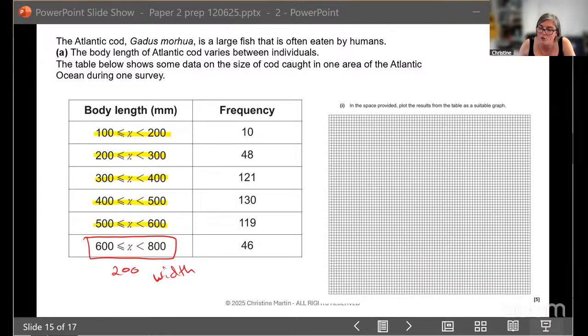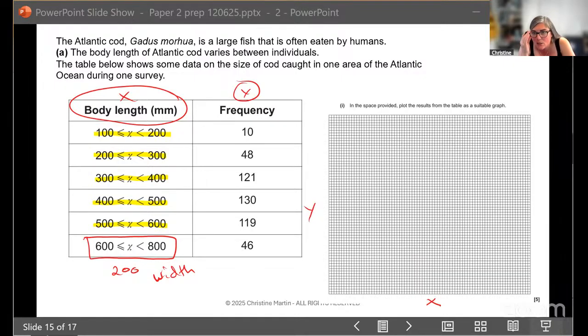What they want is, have you got the title on your X axis? This down here should be there. Have you got this on the Y axis?